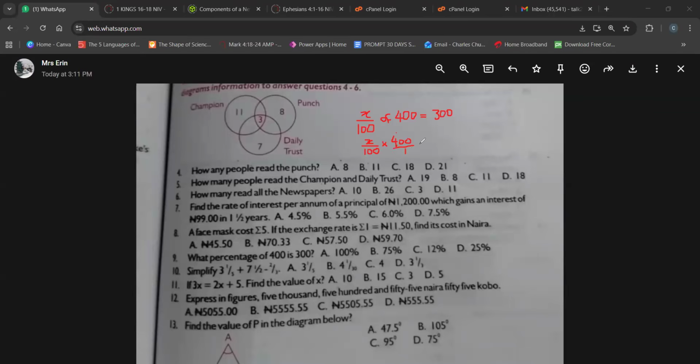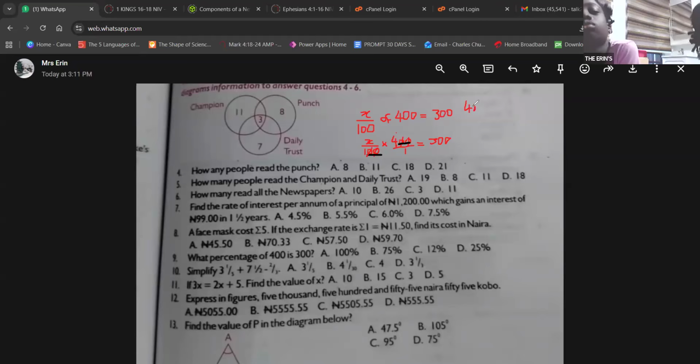Now, what should I do with the 400? We can do 100 divided by 400. Yes, correct. Just cancel the zeros. Now, what am I left with? I'm left with 4x equals 300.